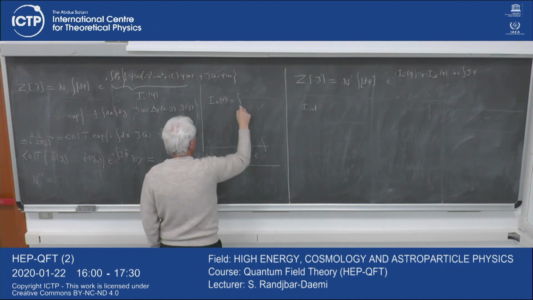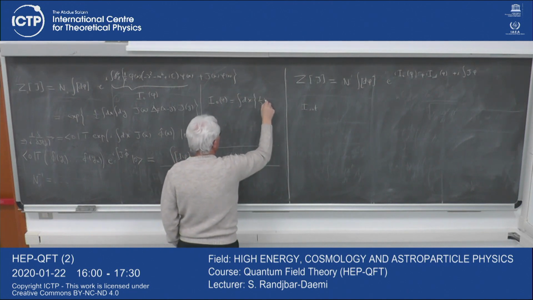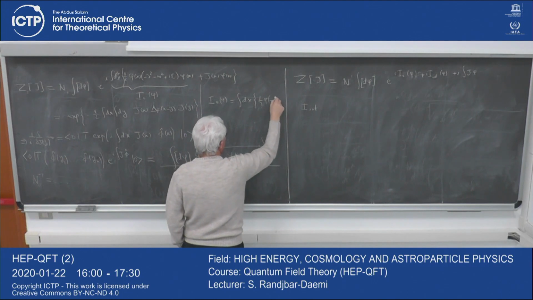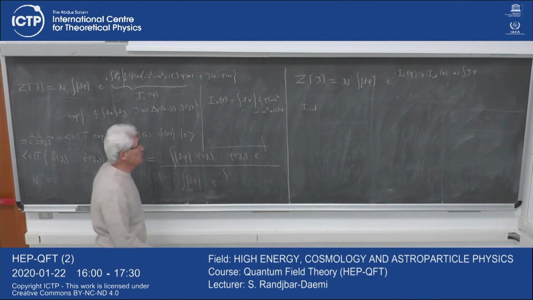So I0 is the integral dx of 1/2 phi times minus d squared minus m squared plus i epsilon, phi. It's just a bilinear part of the action.